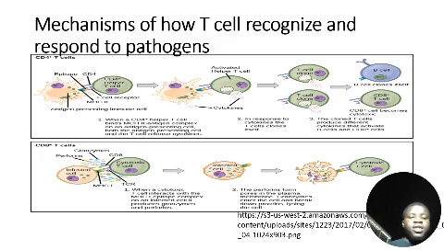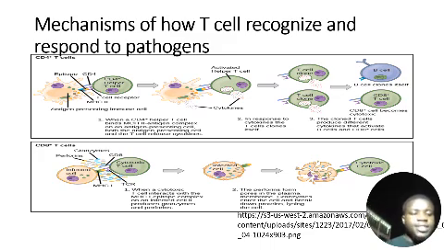Here is the mechanism of how T cells recognize and respond to pathogens. We have CD4 cells and CD8 cells. In CD8 we have MHC class 1, major histocompatibility class 1, and the T cell receptor. They involve cytotoxic T cells to destroy the infected cells. There are two mechanisms.